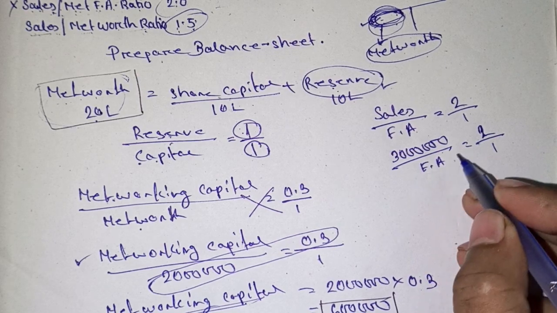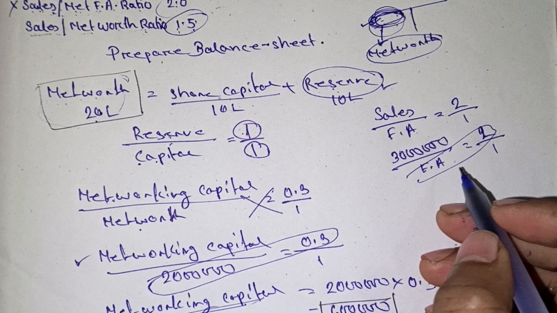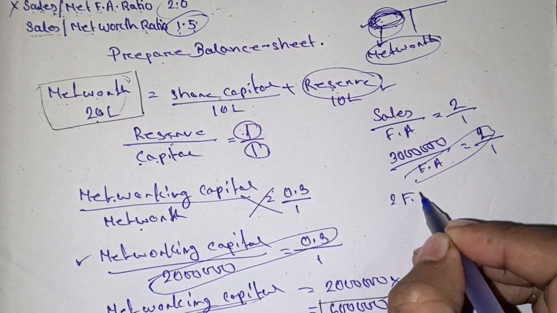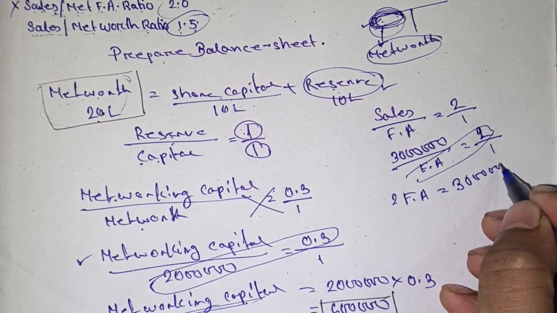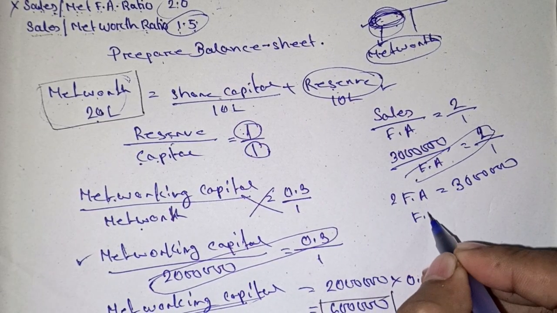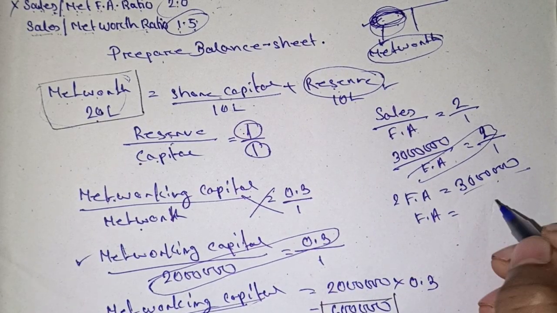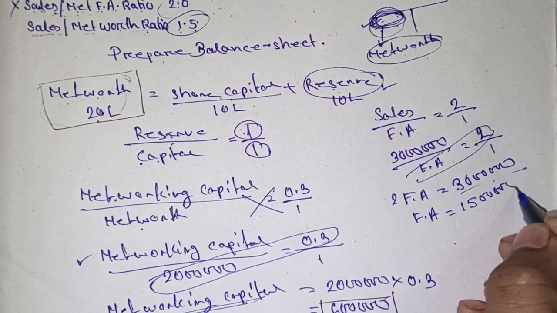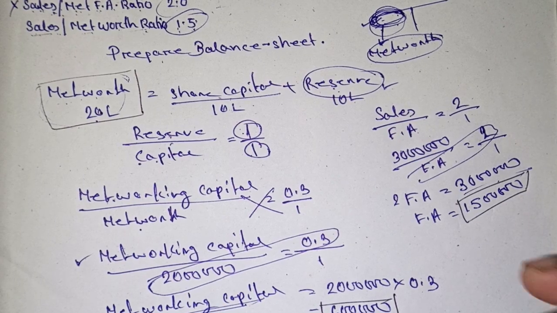So fixed asset multiplied by 2 equals 30 lakhs. So fixed asset will be 30 lakhs divided by 2. So how much? 15 lakhs. Okay, fixed asset we have found.